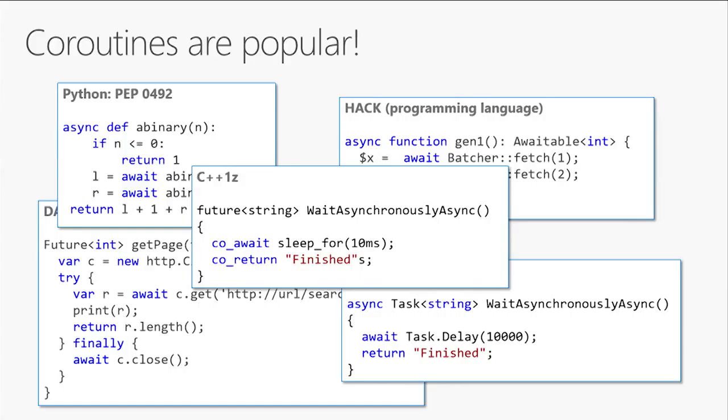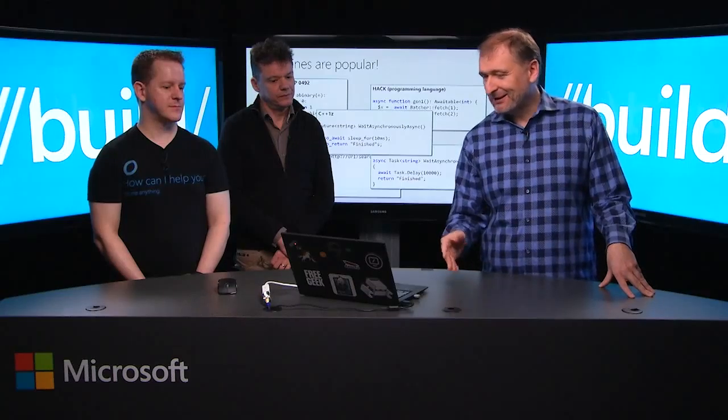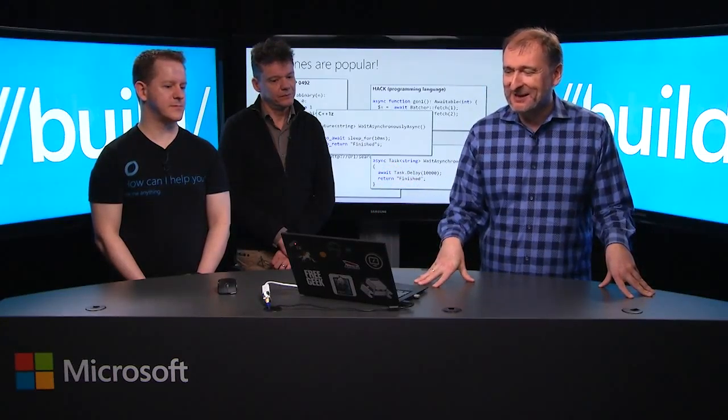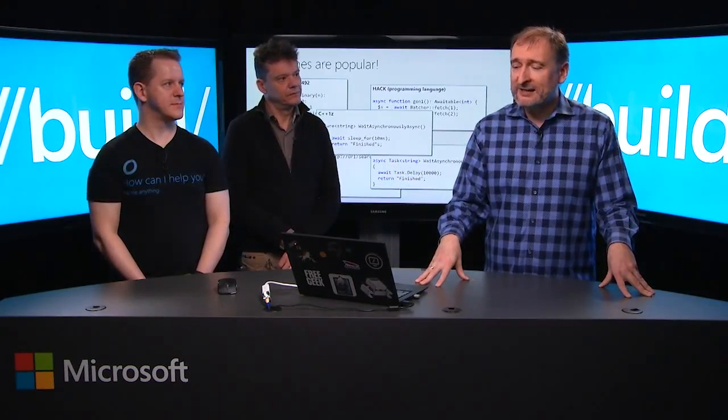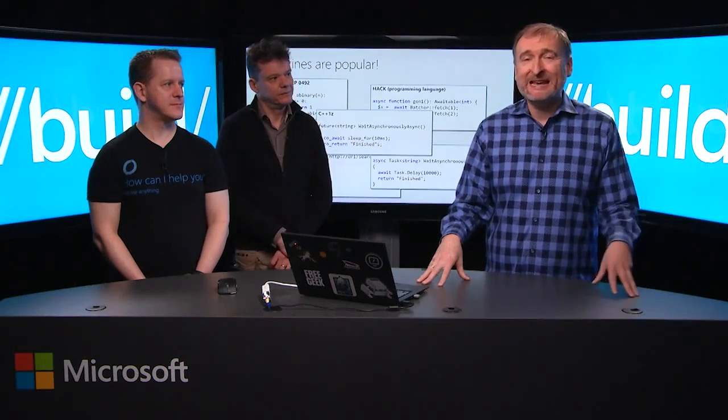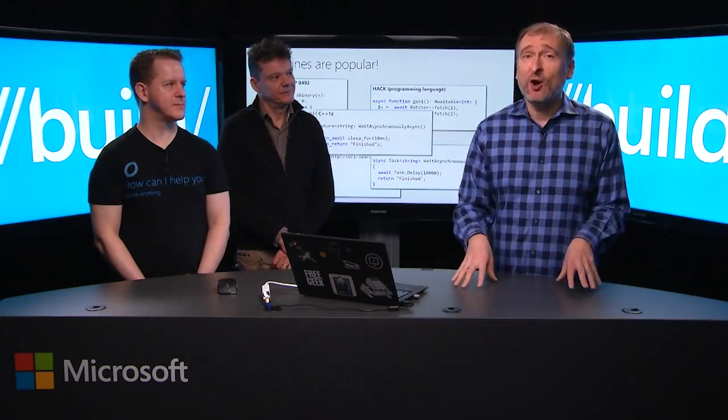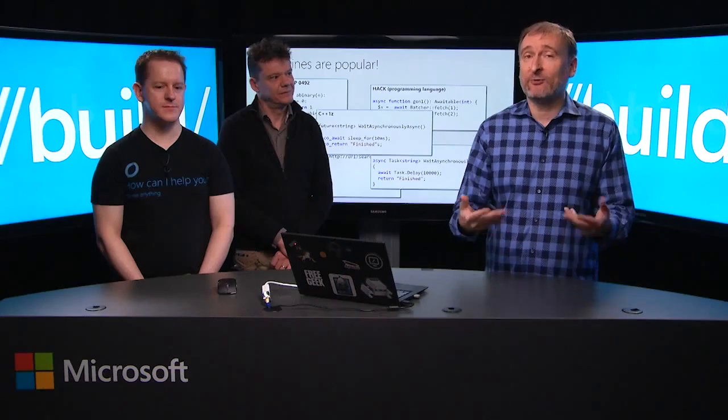One thing you probably noticed is purely cosmetic. In other languages, coroutines have to be marked up with some tag on the first line of the function, async. Well, I think it's async, at least in all of the examples I showed. Whereas in C++, you don't have to annotate the function at all. In fact, a coroutine is a normal function from the outside.